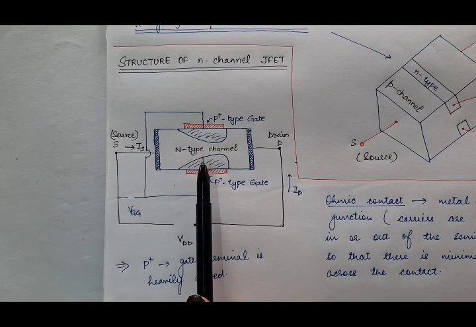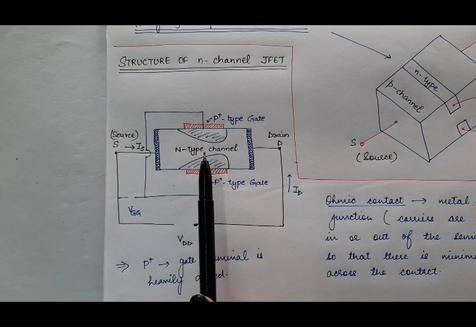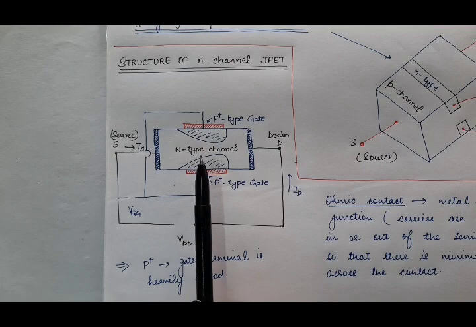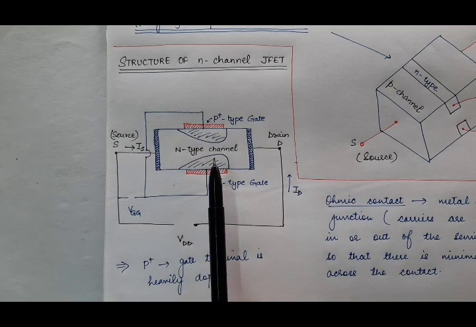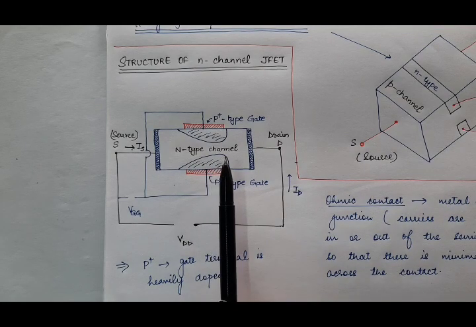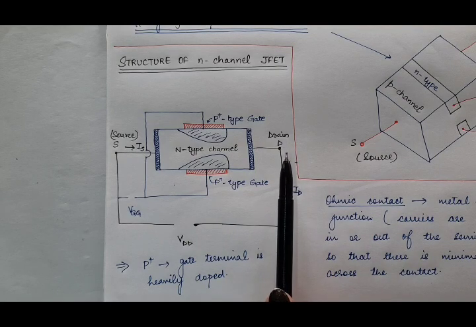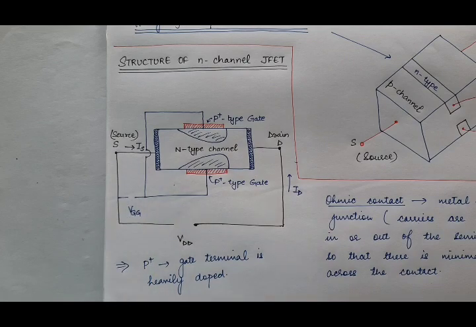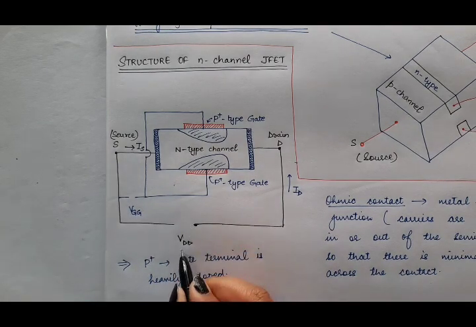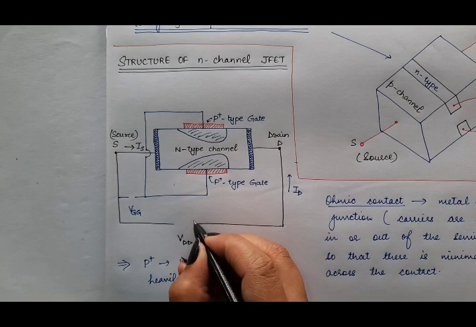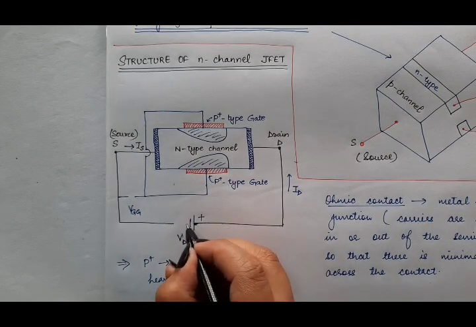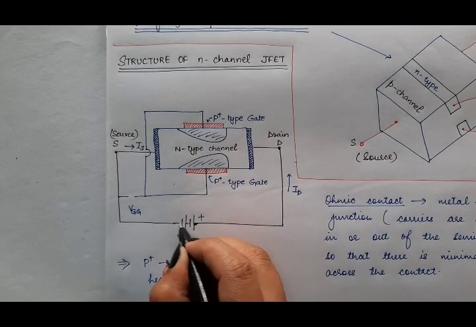As they carry negative charge, they will be attracted by the positive potential. This voltage potential is known as VDD. So the drain is at higher potential than the source.